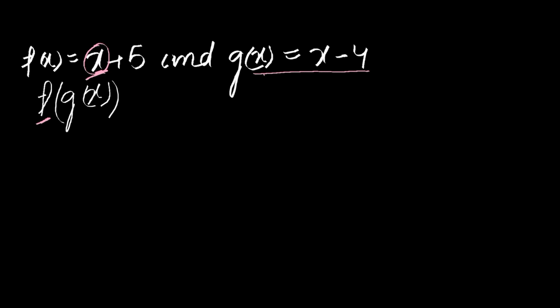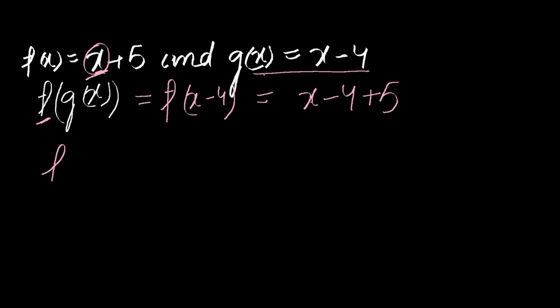So let's see. As I told you, I have to put the x minus 4 in the domain of the f of x function. So it will become f of x minus 4, which is also equal to x minus 4 plus 5. So the final composite function f of g of x equals x plus 1, because minus 4 plus 5 is plus 1.